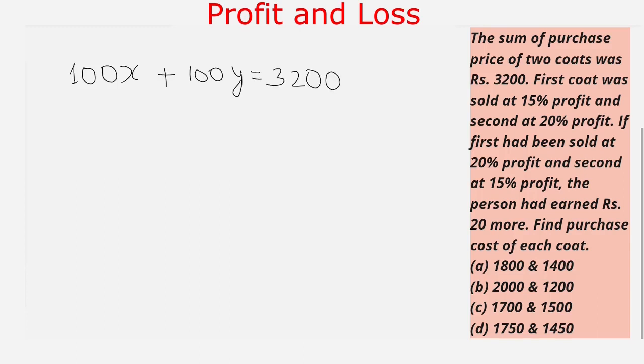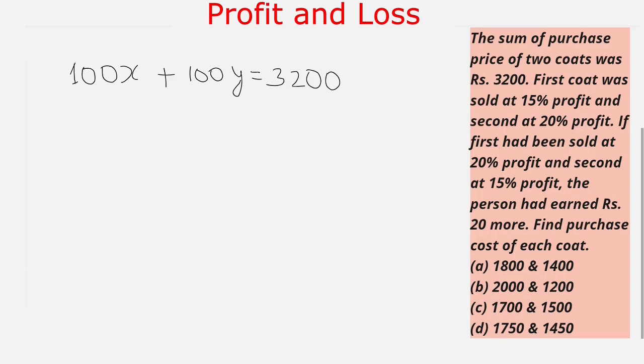We could have assumed it x and y, but when we assume 100x and 100y, then it is easier for us to calculate the percent. And if we had assumed x and y, then the percent would have been in decimals or in fraction. So it is always better to assume 100x and 100y whenever there is an involvement of percent.